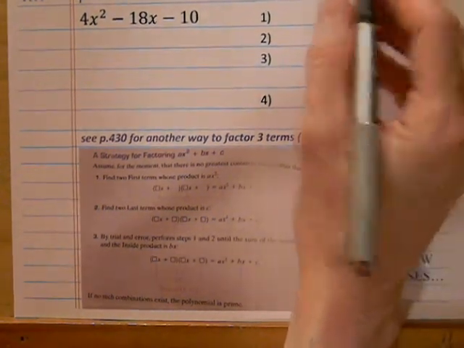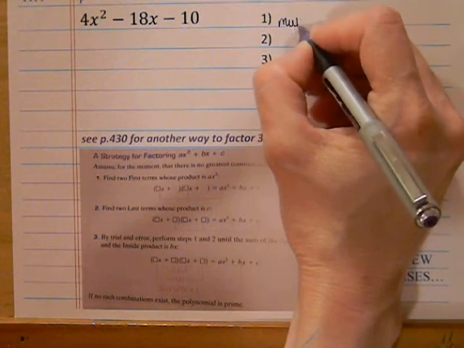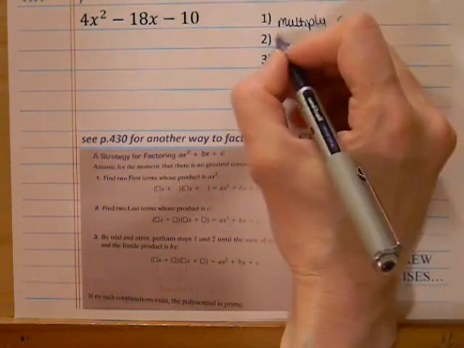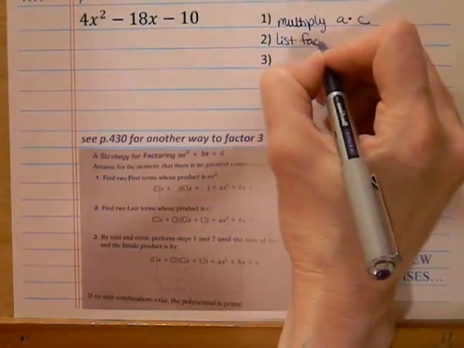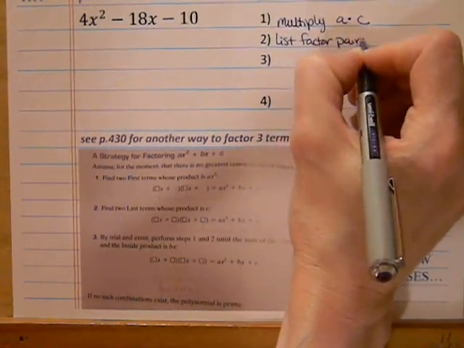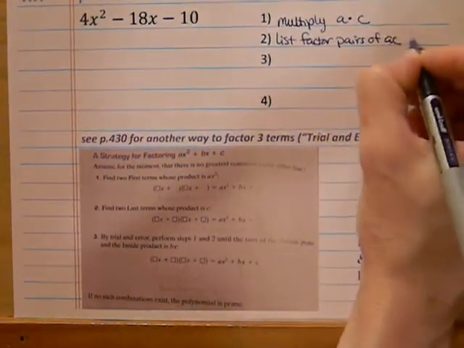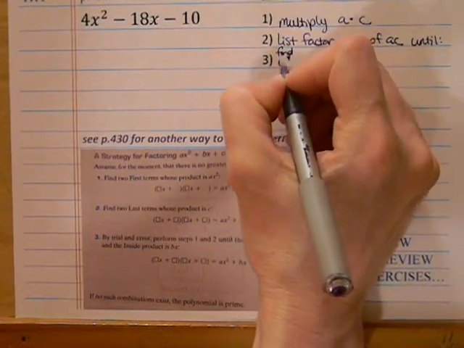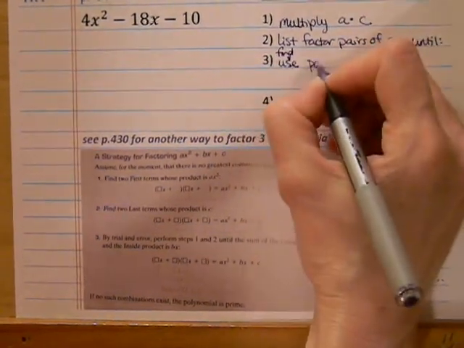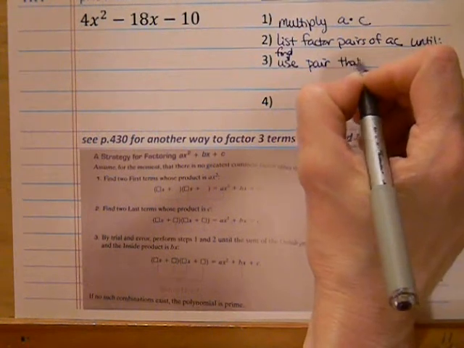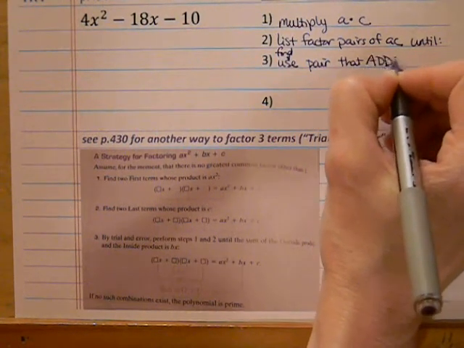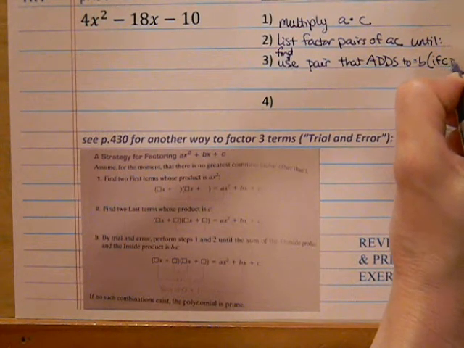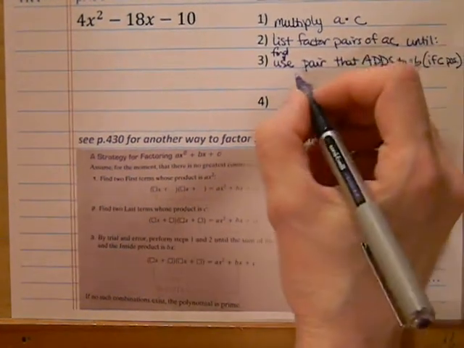So when we're trying to do the strategic split, we multiply our A value times our C value. We then list factor pairs of that product AC until we can find and use a pair that adds to equal B, and that's if C was positive, greater than 0.